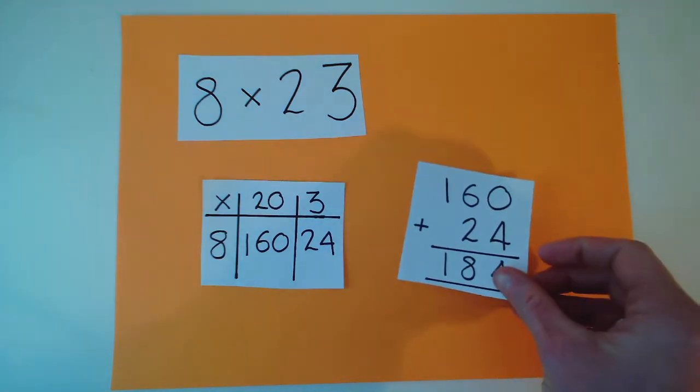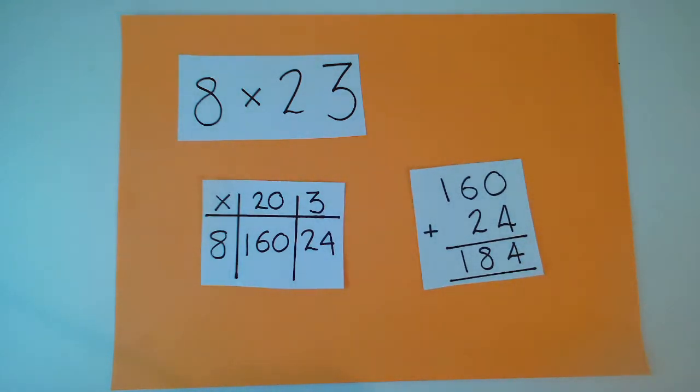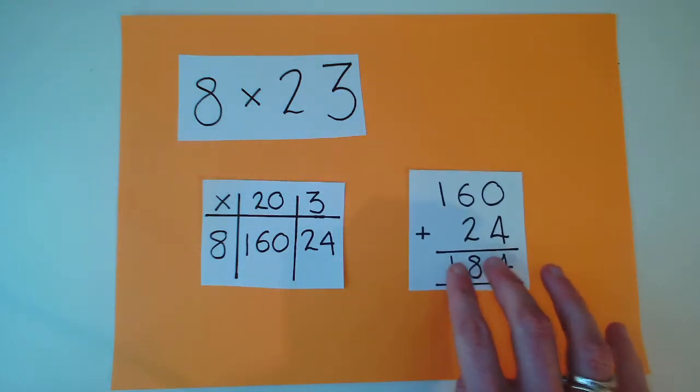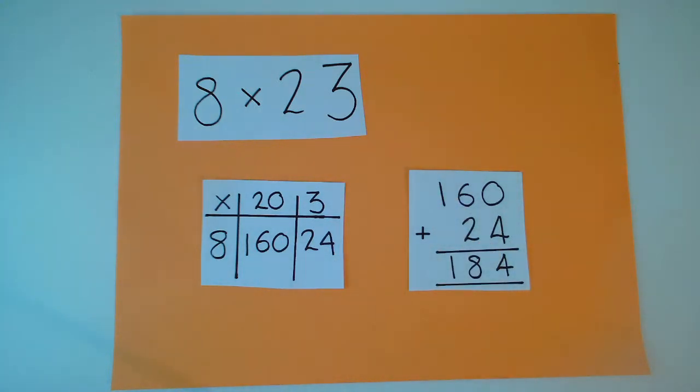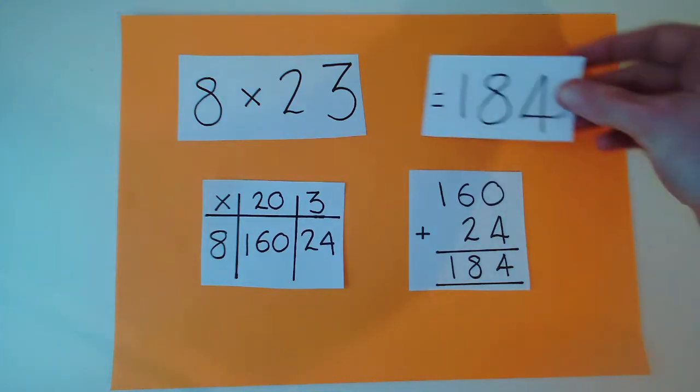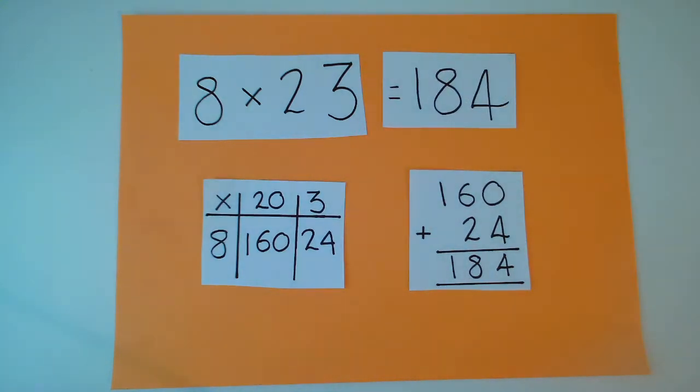And then if you've used your column addition, hopefully it looks something like that. 160 add 24 equals 184 is your answer. So use your pens and find out if you didn't quite get it right. Don't worry about it. Try to see where it was or which part of the problem that you didn't quite get.